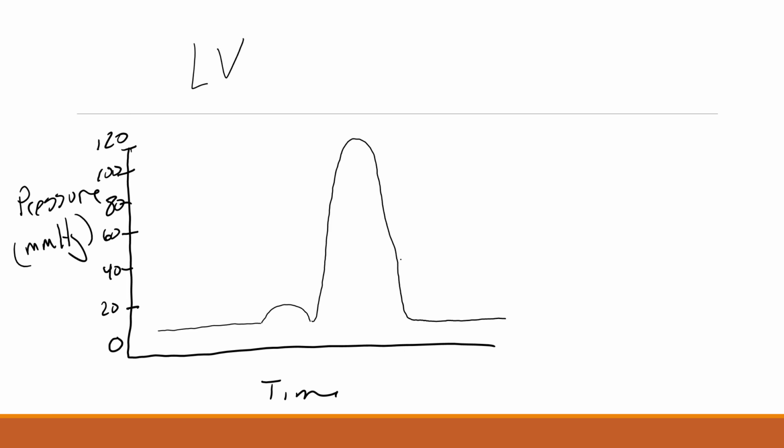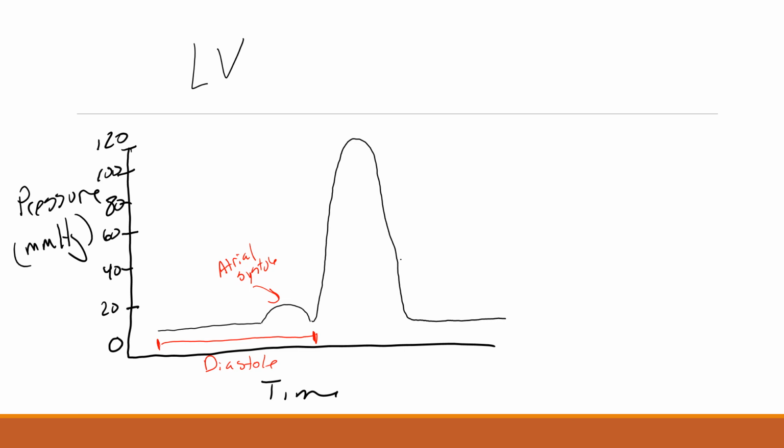So a couple things to take note of is that during this time from here to the start all the way to before the pressure really rises, this is all part of diastole. Okay, so that's all part of the ventricular diastole. So it's filling up, and again, that little blip over here that you're seeing in pressure just represents atrial systole, so it's ejecting that last bit of blood into it.